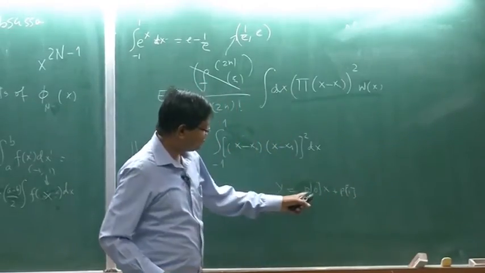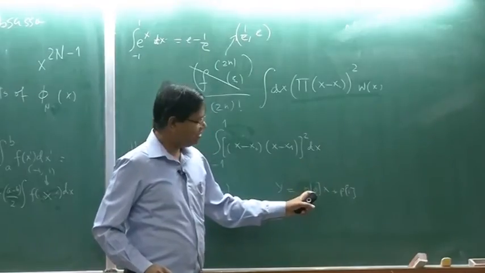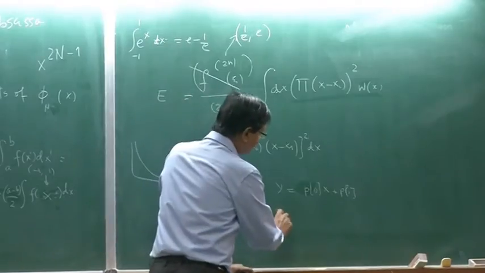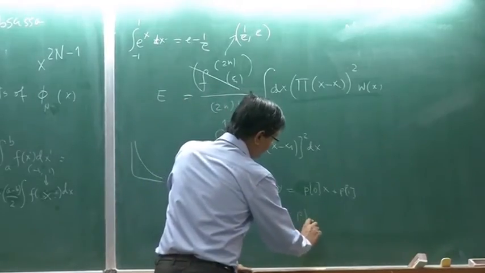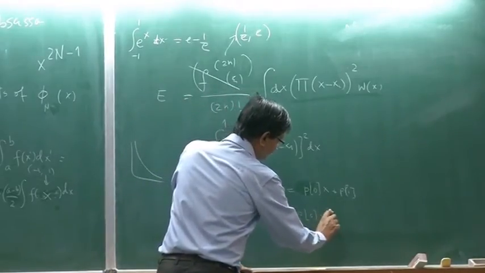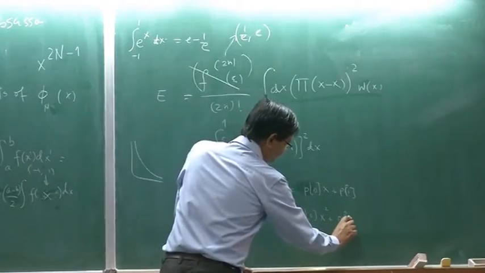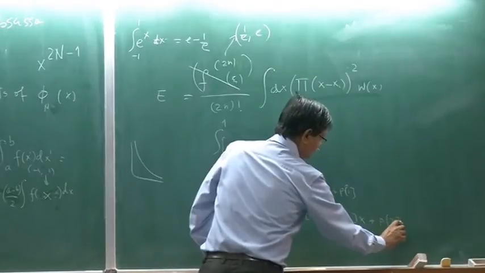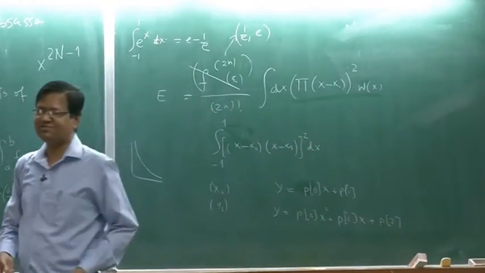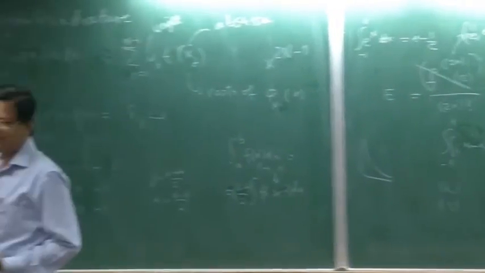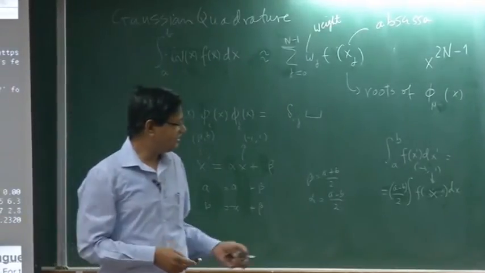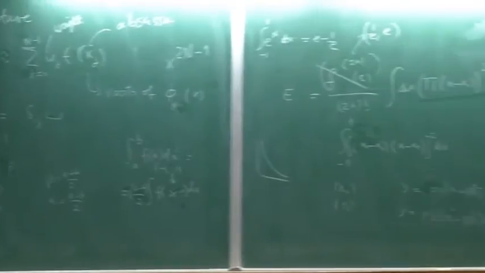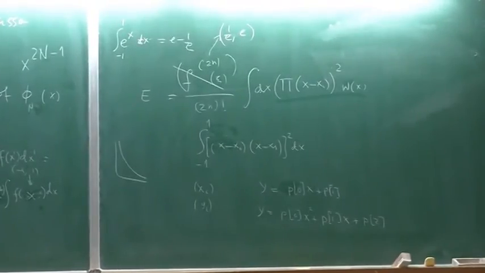So this is my polynomial. The second one will be P0 x squared plus P1 x plus P2, with P0 being the highest power. I can't fit anything more because there are 3 unknowns and I have only 3 points. So the best I could do is this. I shouldn't do any higher polynomials. You have more unknowns than you have points.